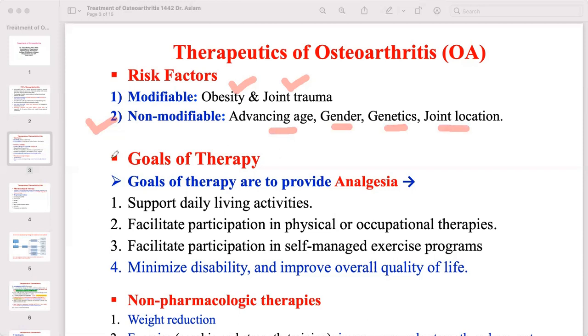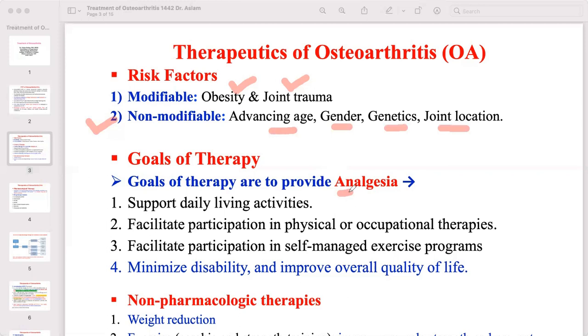The goals of therapy in the treatment of osteoarthritis include analgesia, pain relief, and preventing the disability.